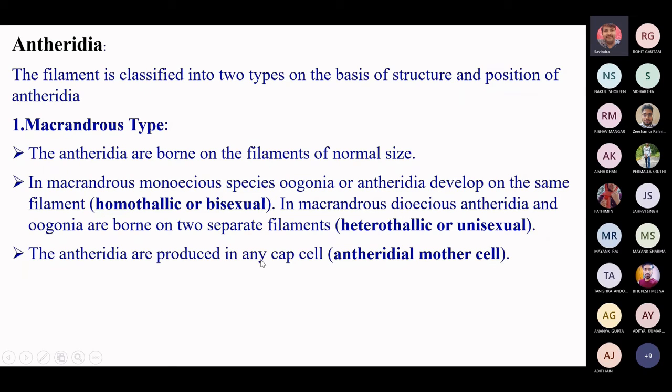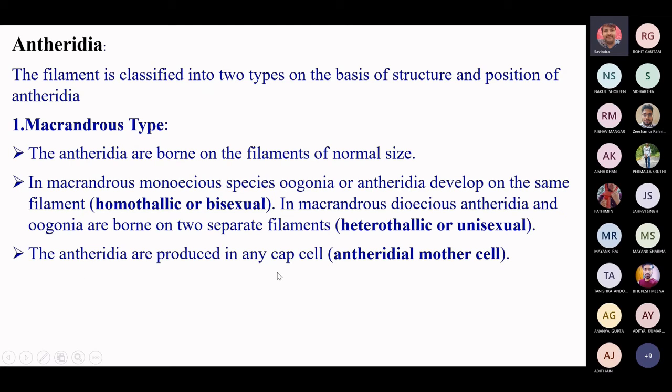And the antheridia are produced in a capsule. The moment for developing any reproductive structure, whether oogonia or antheridia, the cell needs to be divided. Okay? In oogonia development, there is only one division. Upper half will develop into oogonia, lower half develops into the supporting cell.